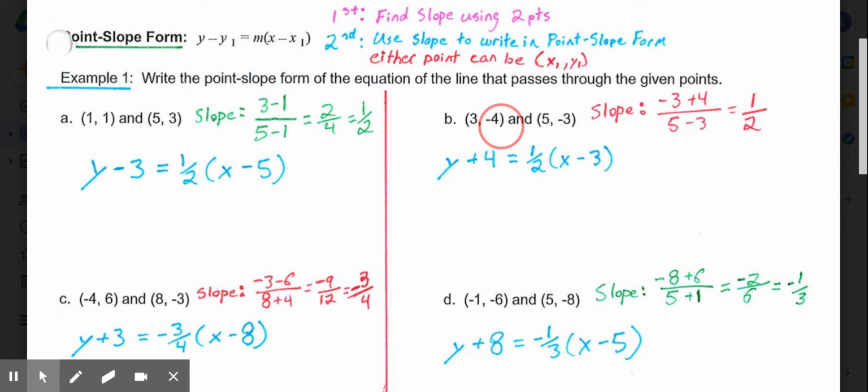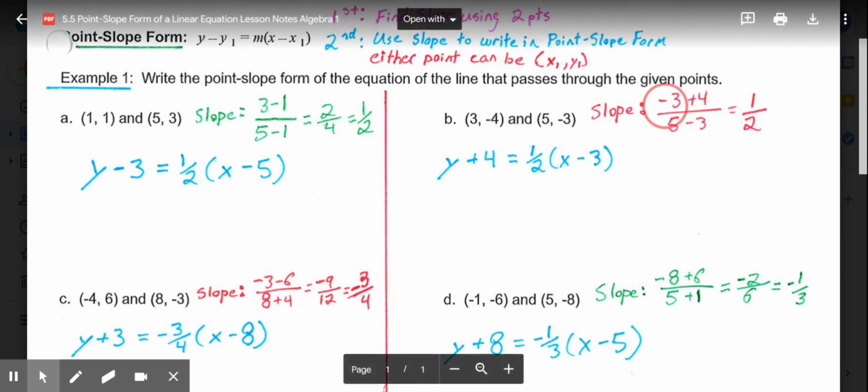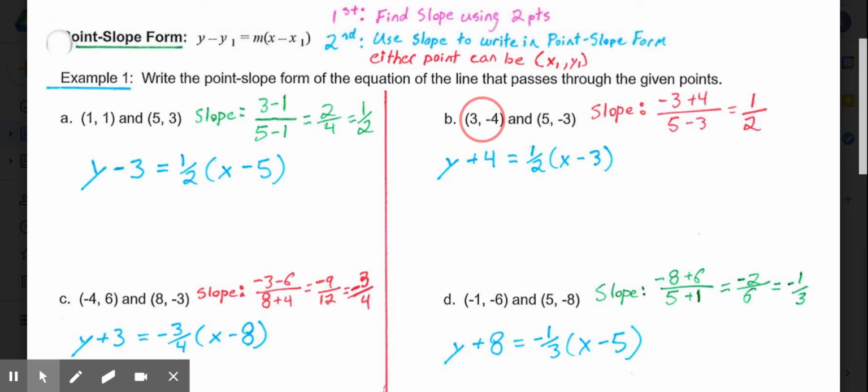In B, we first need to find our slope. So on top, change in y, -3 minus a -4 is a -3 plus 4. On bottom, 5 minus 3. So that gives us a slope of a positive 1/2. Then I can choose either point to put in for x1, y1. So I'm going to use 3, -4. So the 3 goes in for x1, -4 for y1.